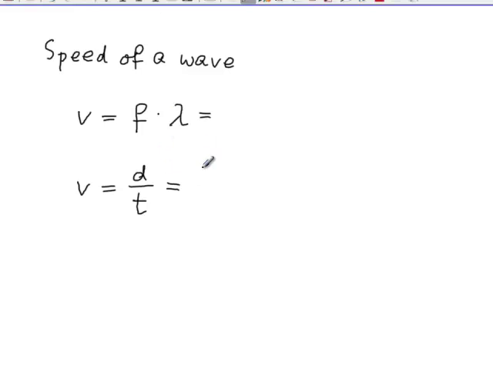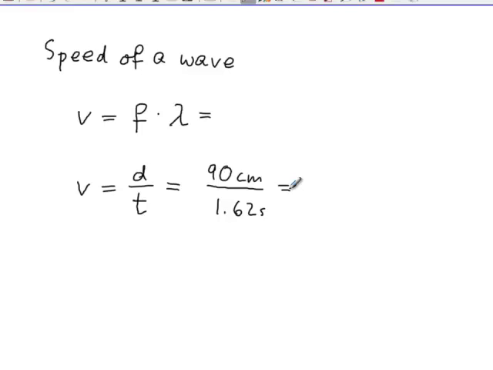So earlier I had measured that the total distance is 90 centimeters, and I had measured this twice here, 1.62 seconds, that the wave needed to go across the screen.